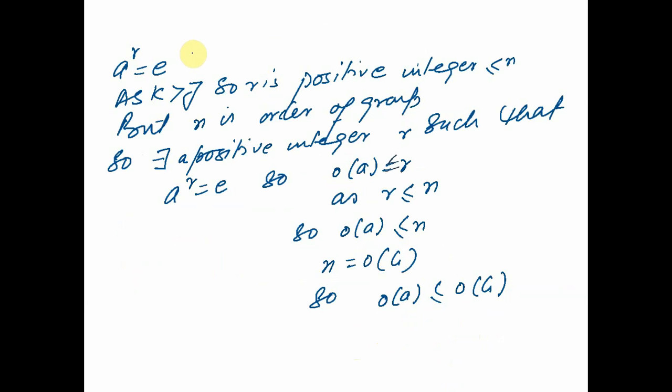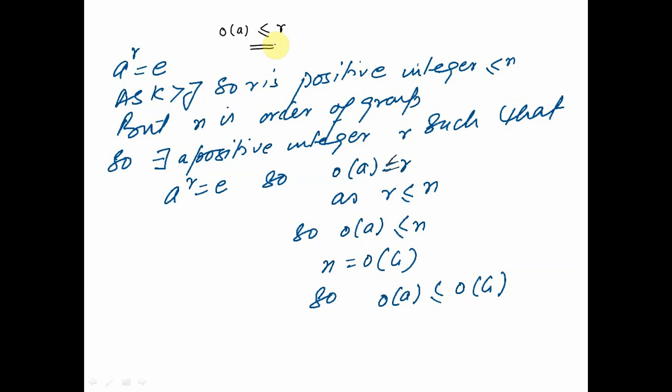What it means is the order of the element a is less than or equal to r. We have already discussed that a to the power r is equal to e does not mean that the order of a is r. It means the order of a is less than or equal to r.